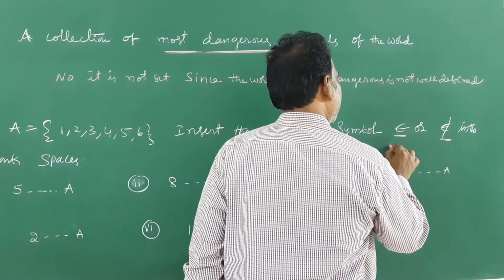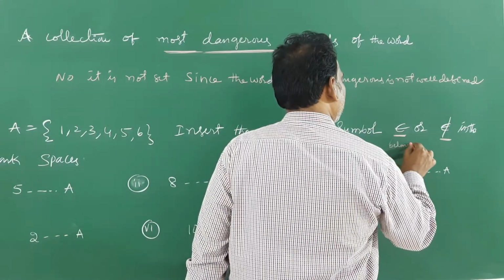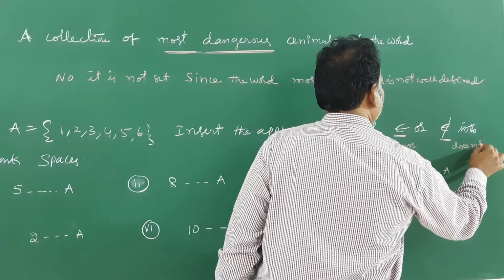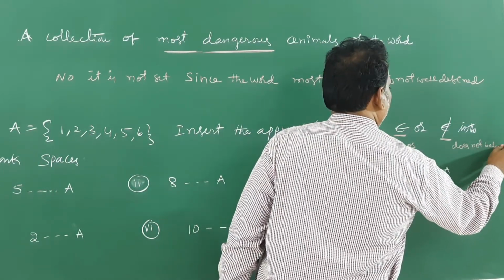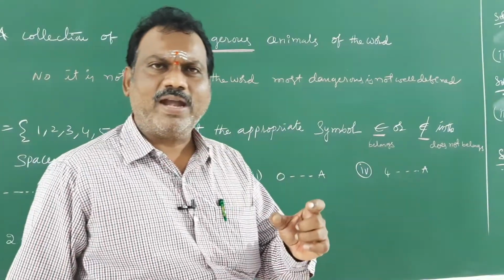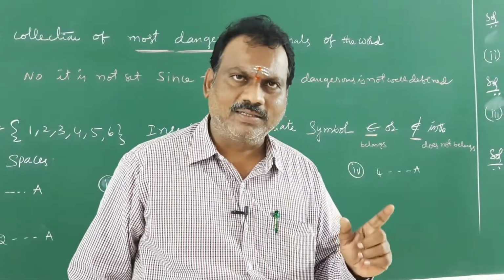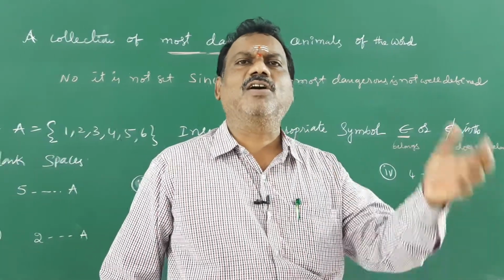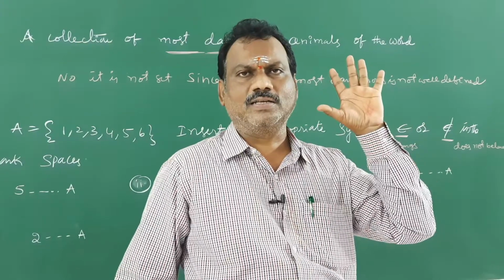Remember students, this is belongs to, this is does not belong to. Belongs to means that particular element is in that set. Does not belong to means that the given element is not present in that set.